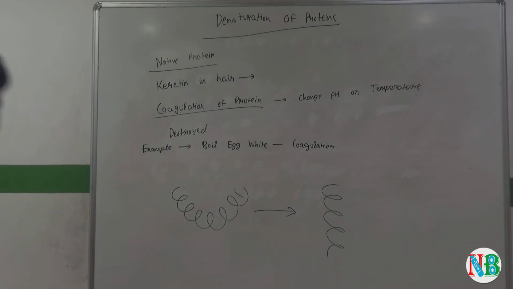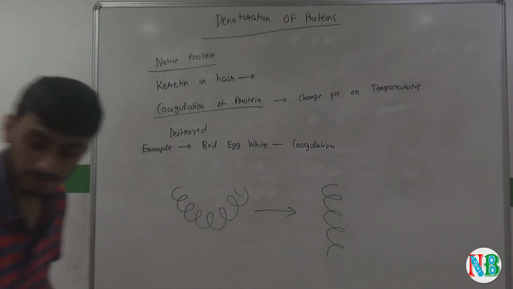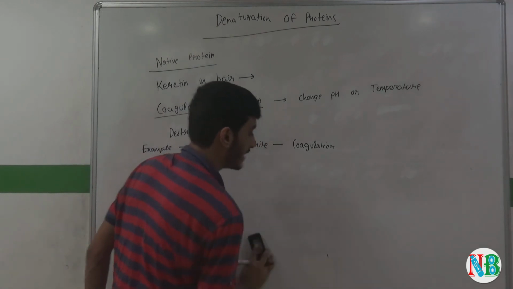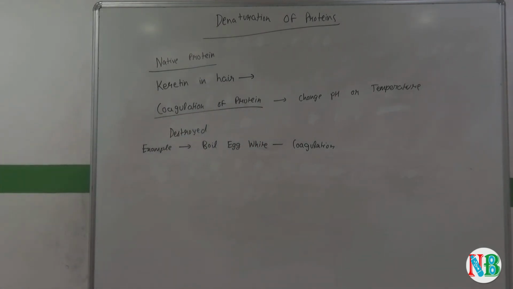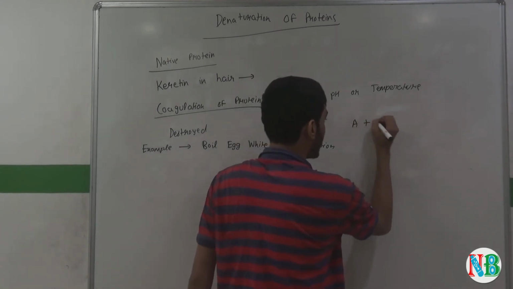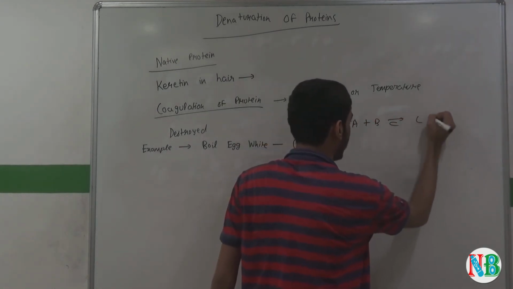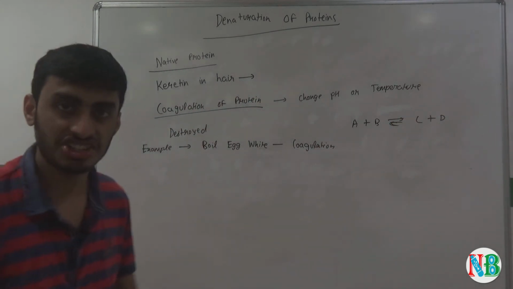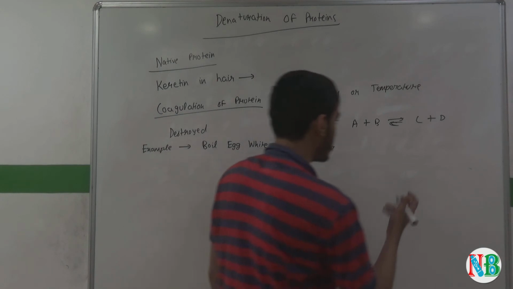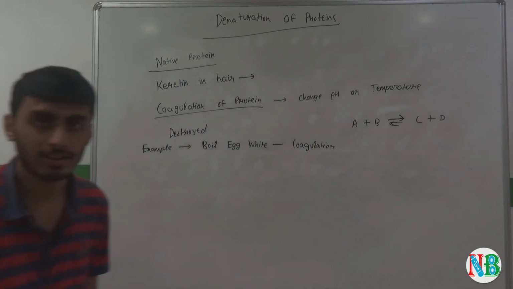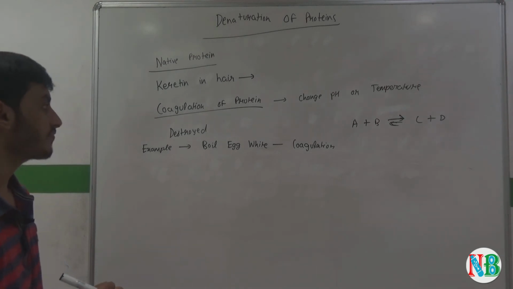There is another term which is also used many times. You know that many of the reactions are reversible, that A plus B gives C plus D. Many times it happens that if you add C plus D and change the environmental conditions, the reaction will come back to A plus B. It sometimes happens.